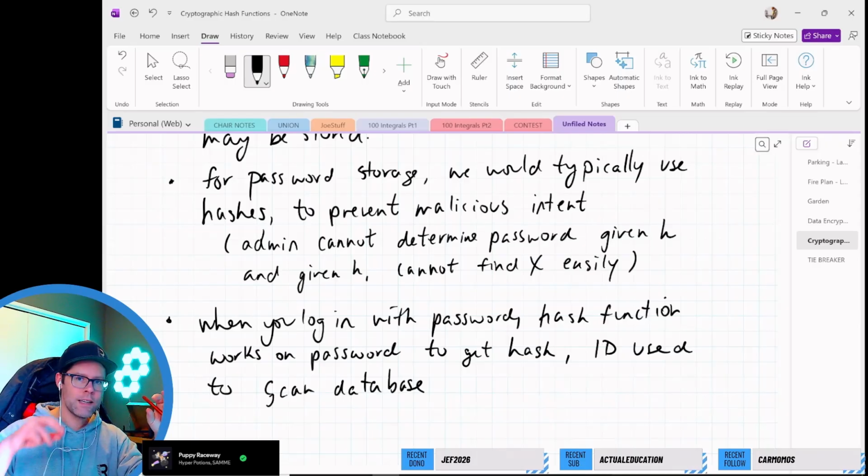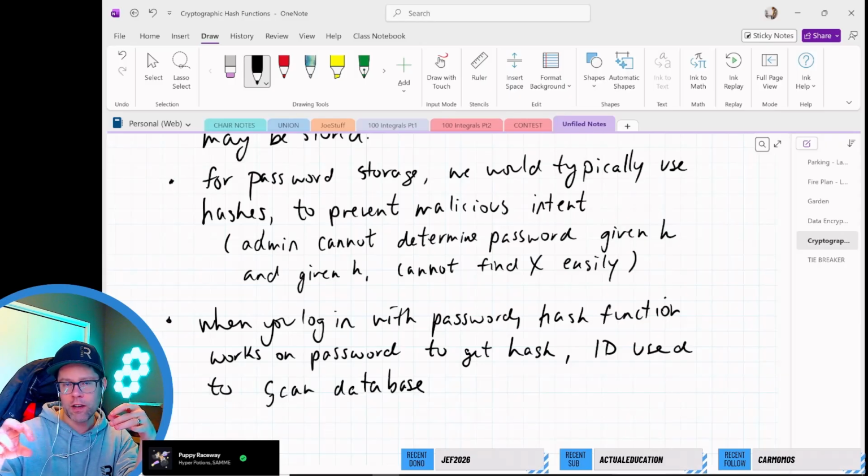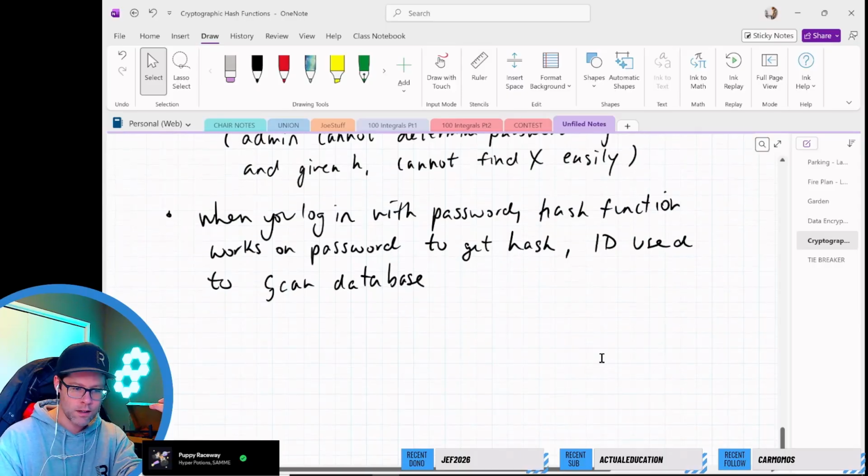And if the ID and the output, the hash, match up, that will give you the handshake authentication to move forward. If the ID and the hash value do not line up, then we'll probably get an error message sent back to the user saying either the ID or the hash is incorrect, is typically the way that it's phrased.